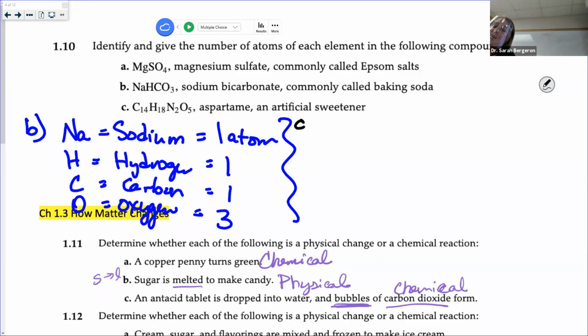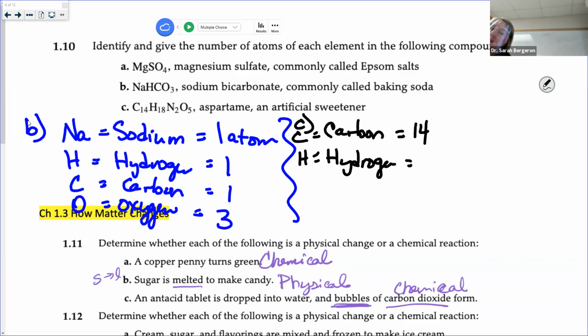Okay, how about C? What do we have? Carbon. All right, that's a C, carbon. How many? 14. What's next? Hydrogen. How many? 18. What's next? Nitrogen.